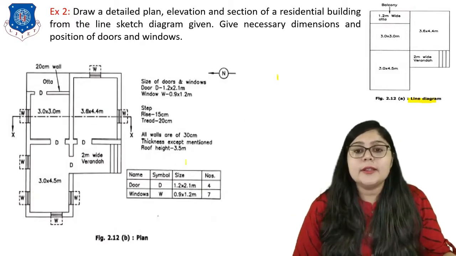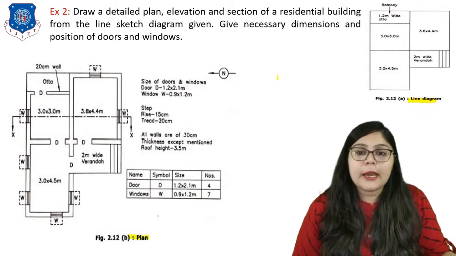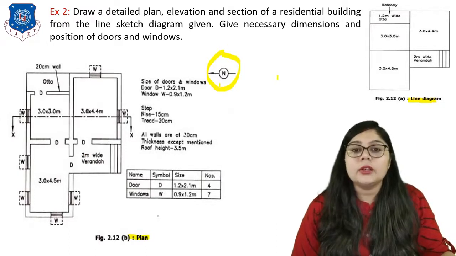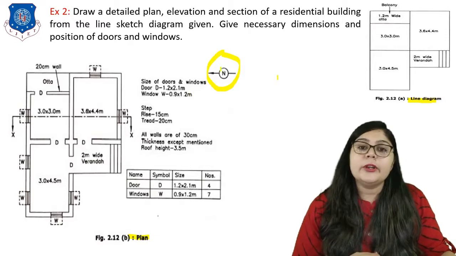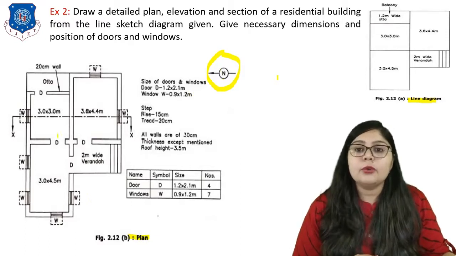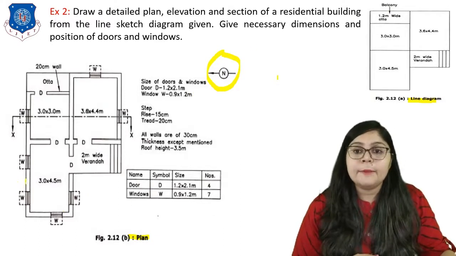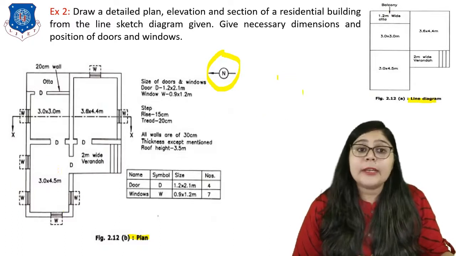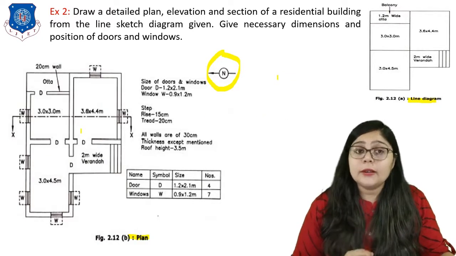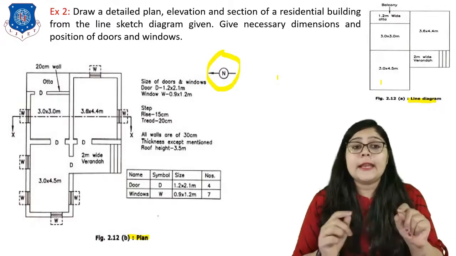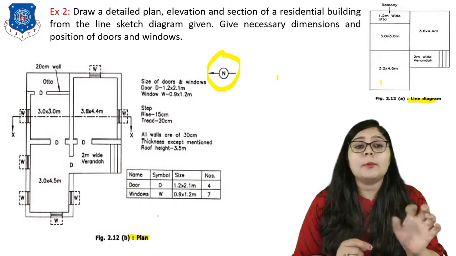So here you can see this is the plan. For a plan, you know that first we have to draw the north. This north direction for that particular site should be drawn like this. After that, we have to draw the plan from the line plan. Now you can clearly see the difference between line plan and plan: in line plan, we are just putting the size of the rooms and the main purpose of each room.